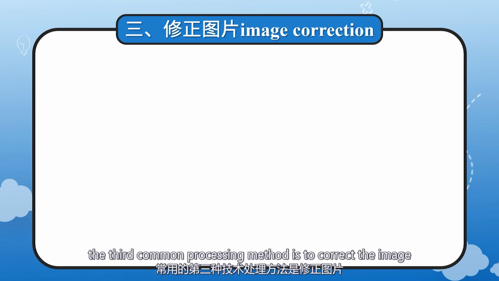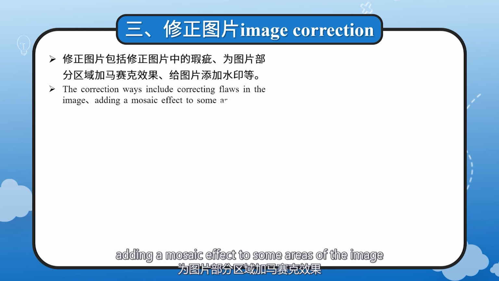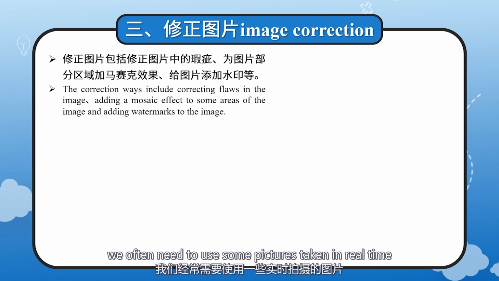For pictures in network journalism, the third common processing method is to correct the image. The correction ways include correcting flaws in the image, adding a mosaic effect to some areas of the image, adding watermarks to the image. In online news reports, we often need to use some pictures taken in real time.